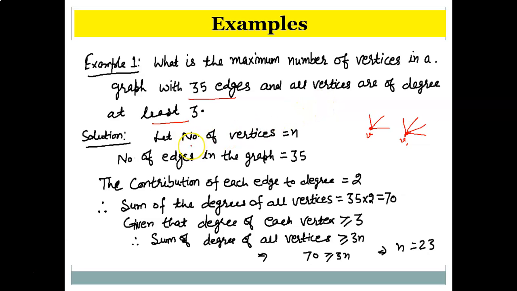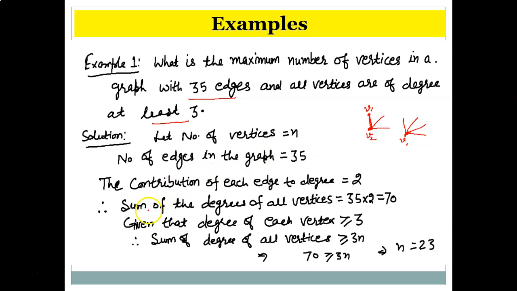Suppose the number of vertices is equal to n. The number of edges in the graph is already given as 35. Now the contribution of each edge to the degree: if this is the edge, then here must also be a vertex, suppose v1, and this is v2. The contribution to the degree due to each edge is 2, because it contributes 1 degree to this vertex and 1 degree to this vertex.